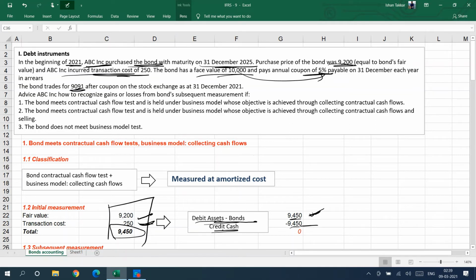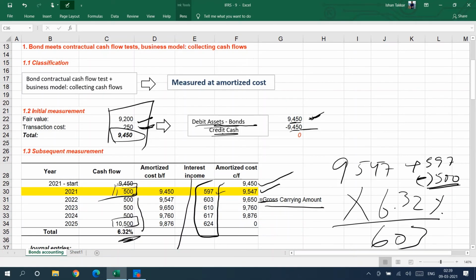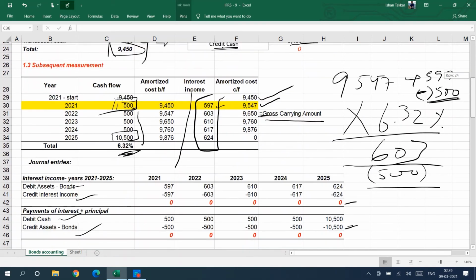That is our business, we will never sell it. But if we are in that business, if needed, we may sell it. Our main objective is not to sell it; our main objective is to collect the cash flow. But we are also flexible and want to sell it as and when required.